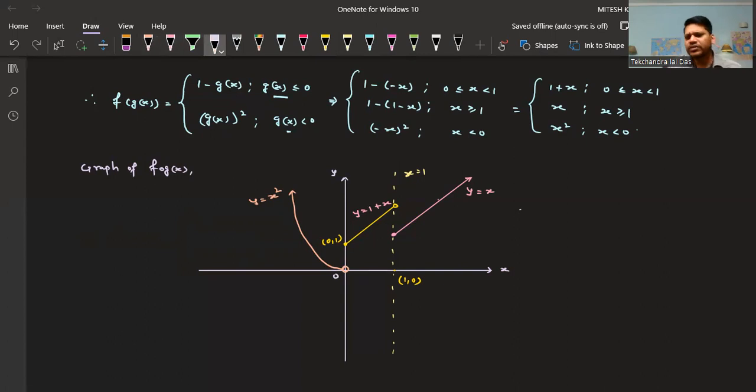Okay, what can you say about this function then? What can you predict about this function? See, one thing definitely we can say, this function is discontinuous. So f composite g x is a discontinuous function.